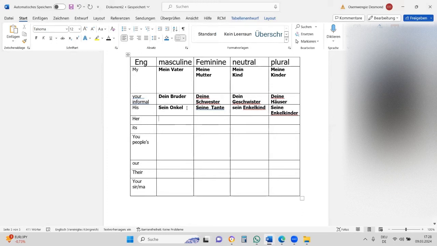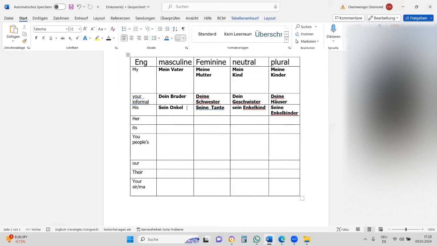Seine Tante. Sein Enkelkind. Seine Enkelkinder.